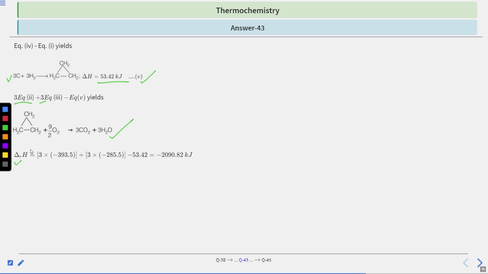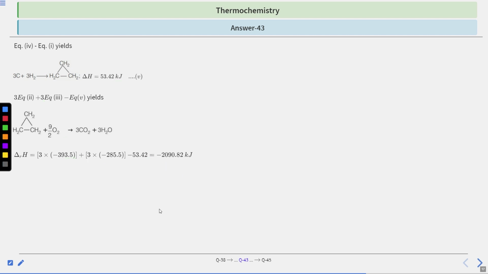So the final enthalpy will be 3 times the enthalpy of equation 2 plus 3 times the enthalpy of equation 3 minus the enthalpy of equation fifth. And finally, the final enthalpy is coming out as minus 2090.82 kilojoule, right? So this is the final answer for this question.